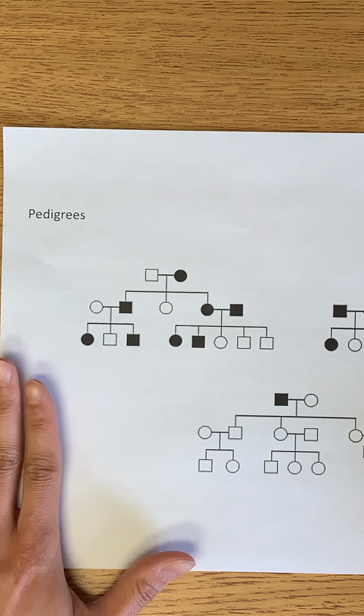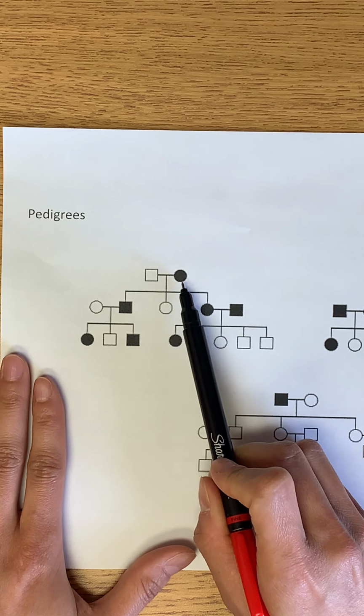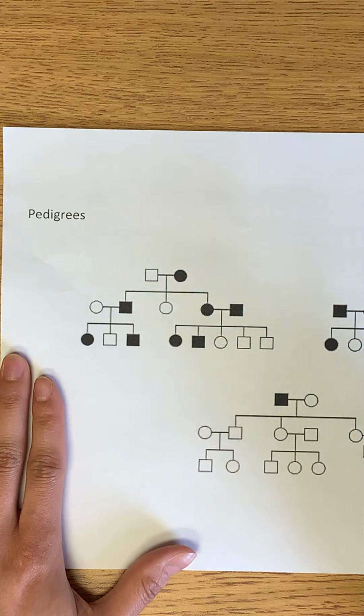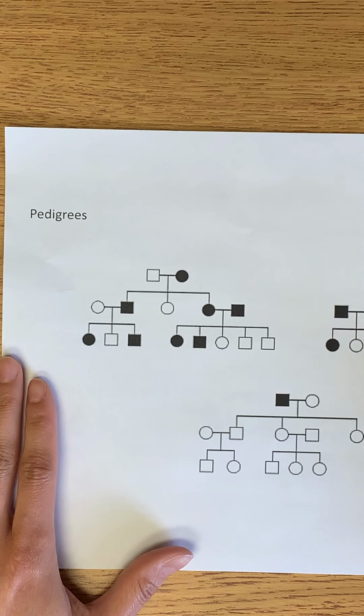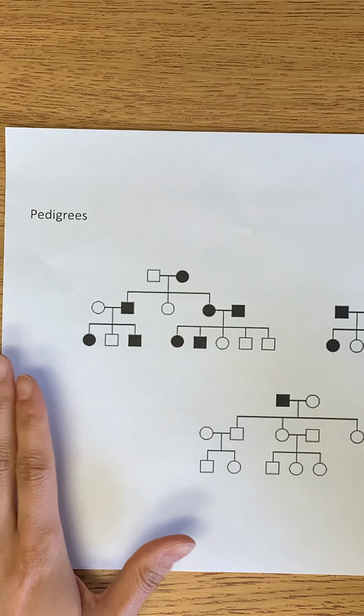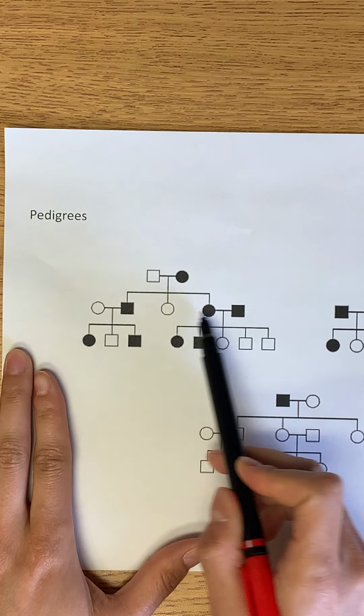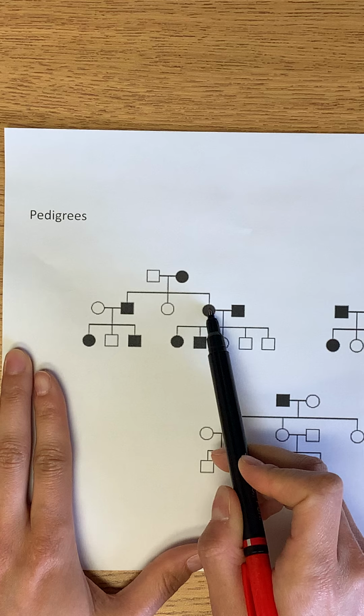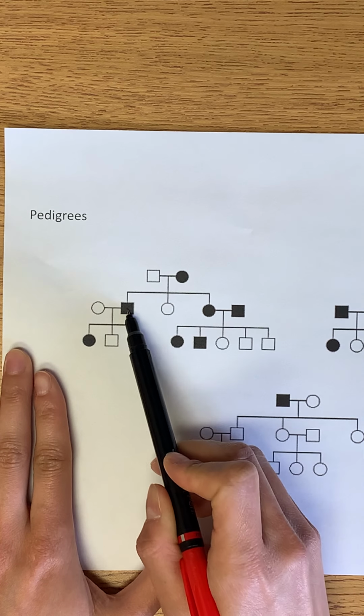You also want to remember that a filled in circle or a filled in square represents a person who is affected by the disease. Now, if a trait is dominant, one parent must have it. If we look down here to the first generation of children, you can see we have an affected girl and an affected boy.